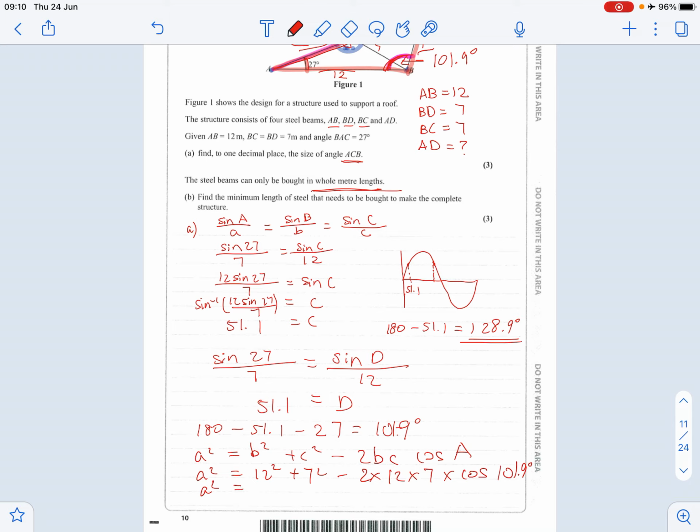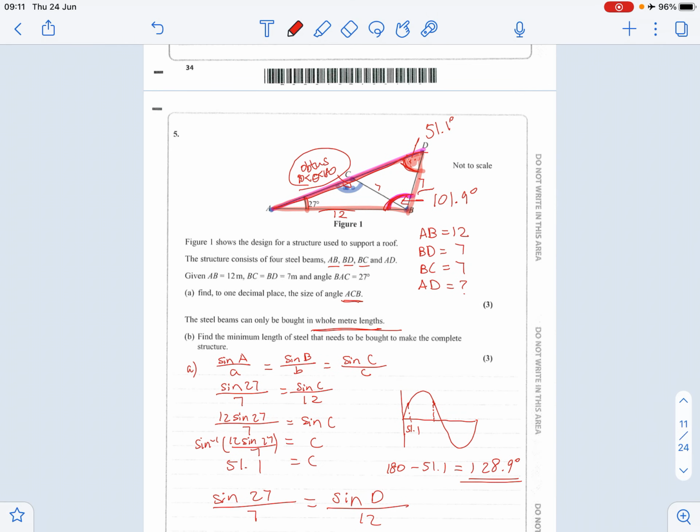So a squared is equal to 227.6, and a is equal to 15.1 meters.